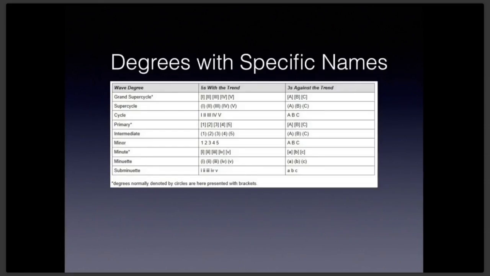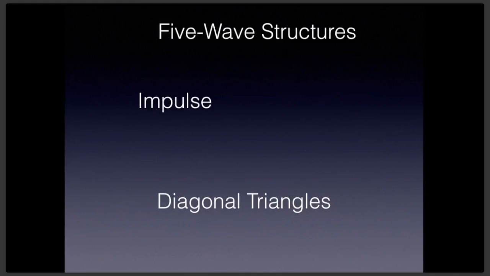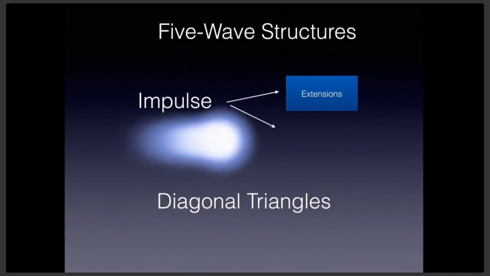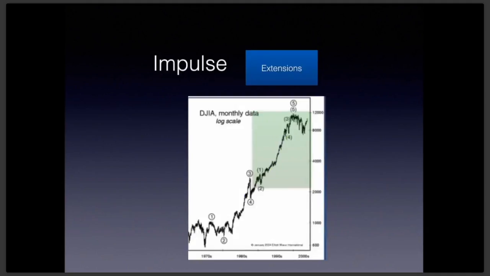So we use different degrees. Let's say on a higher degree, a more heavyweight time frame, in this case a yearly chart, we use a circle 1, 2, 3, 4, 5, and on a smaller degree, it could be a weekly chart, we will use another 1, 2, 3, 4, 5, but in brackets.